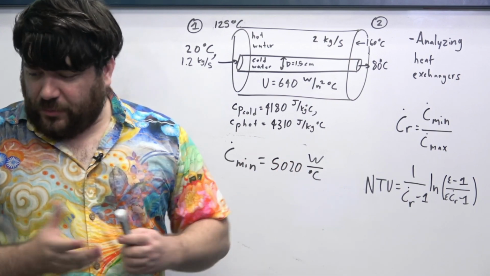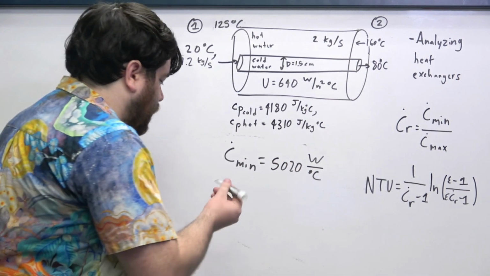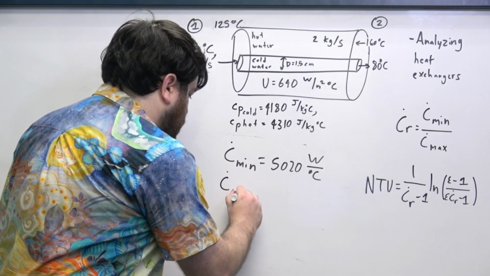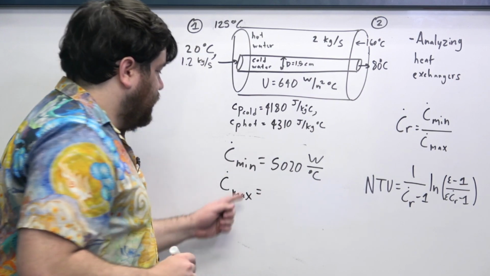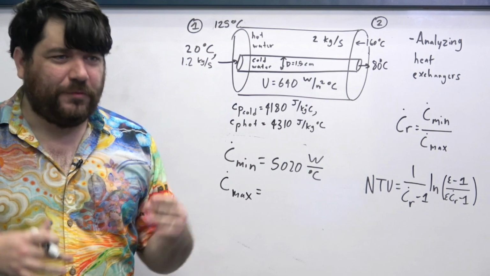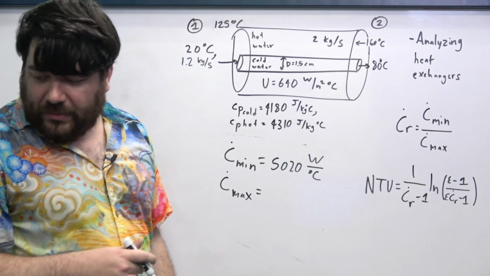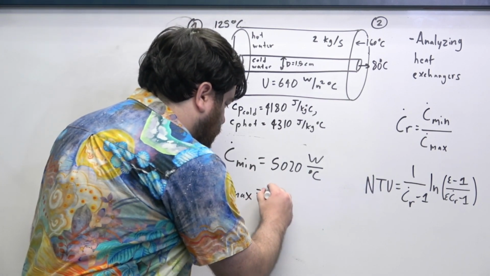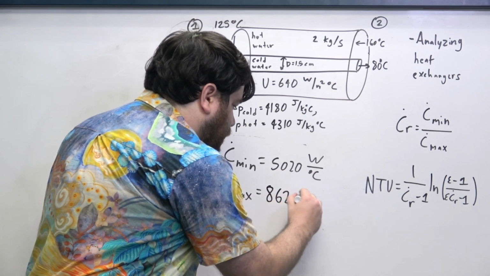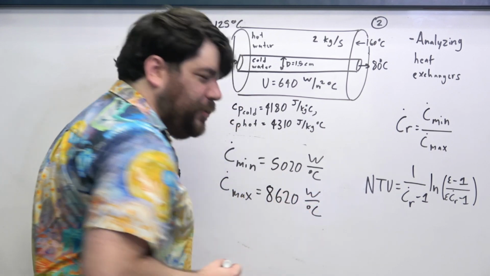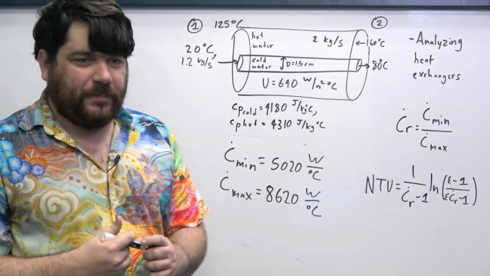And this is the smallest one, of course, because the largest one, if I were to actually write it down, would be the one for the hot liquid, which evaluates out to be approximately 8,620 watts per degree Celsius.